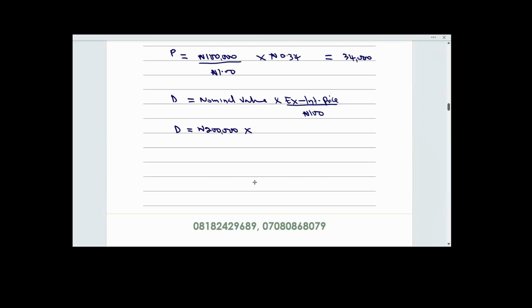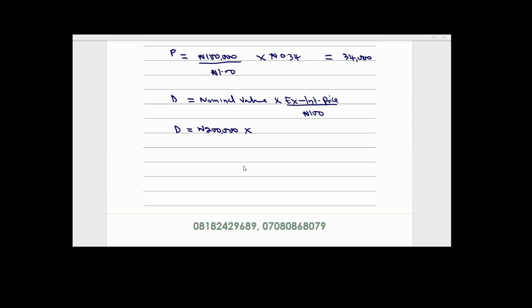We are told that debenture interest has not been paid. So that means the market price of the debenture of 105 naira 3 kobo is cum int price. So we need to convert it to X int price. To do that, you are expected to less the coupon rate, the interest rate of 10% from the 105.3.